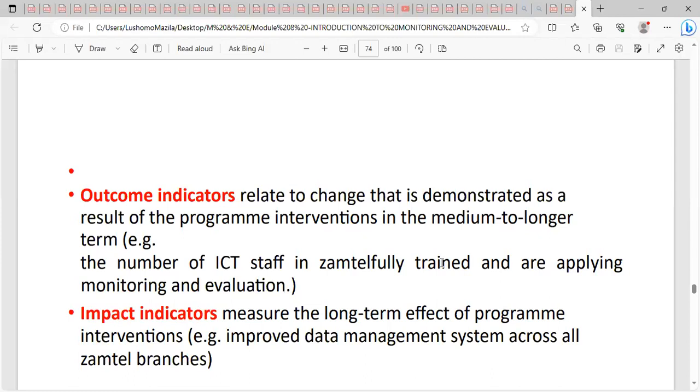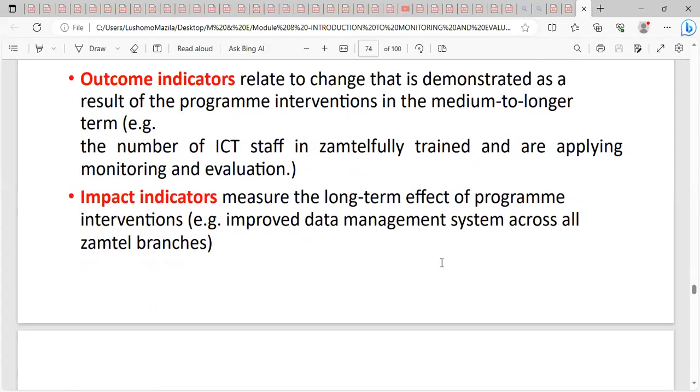That's why we say these are short and medium term results. That's why you have to go in the future. But for output, there and then we could determine. Is that clear? Yes, sir. Thank you very much.